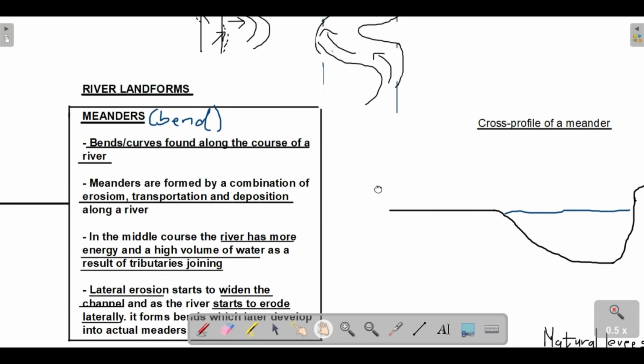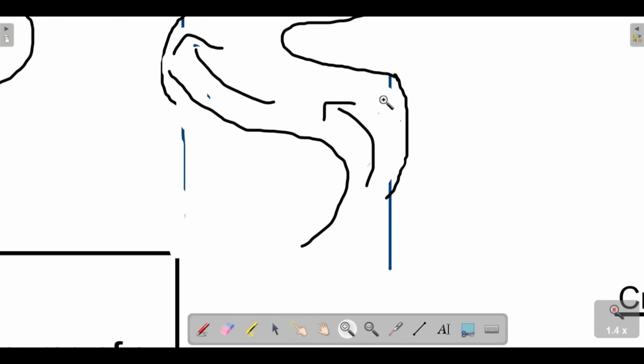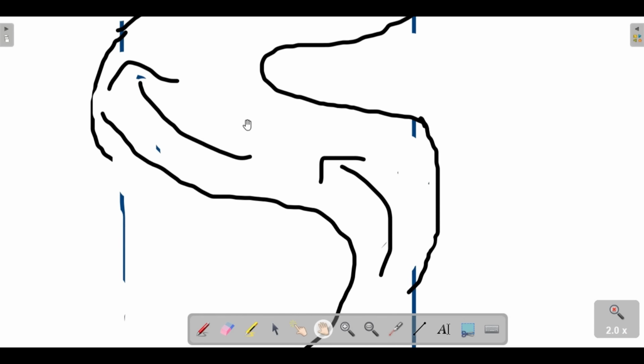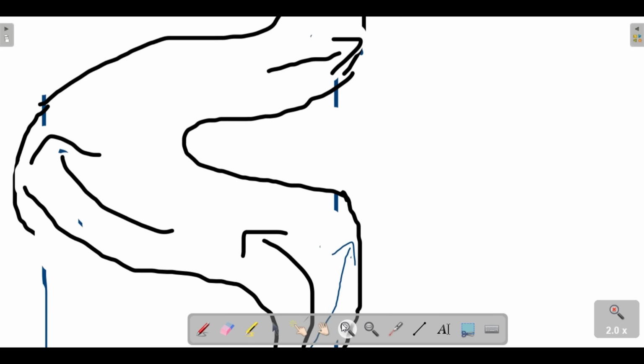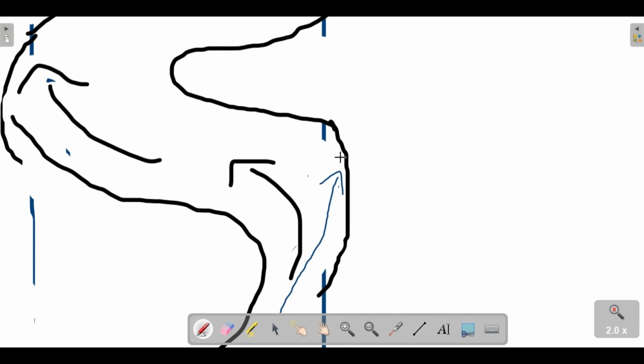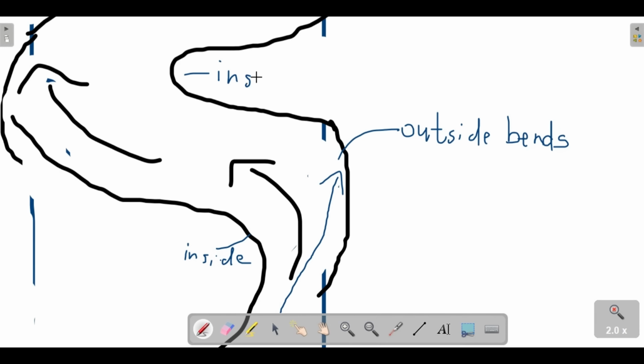Okay, so now if we zoom in here, you're going to find out that when water flows, it will continuously hit these sides. These sides, we call them the outside bends, and these the inside bends. That's the inside bend.